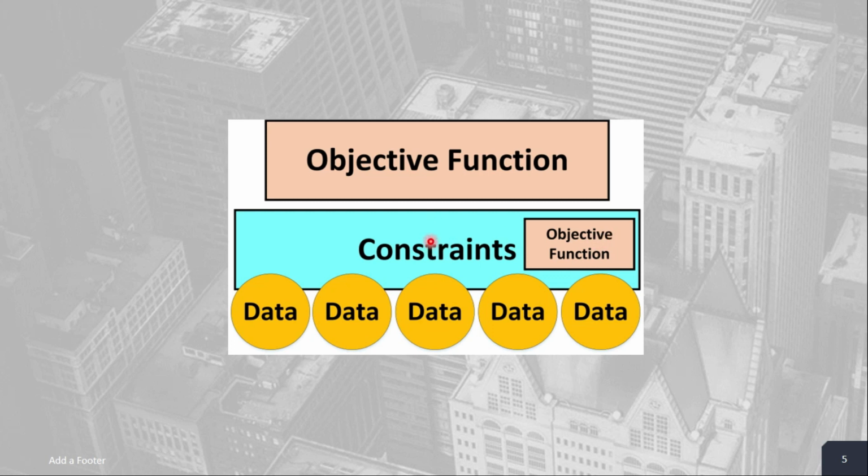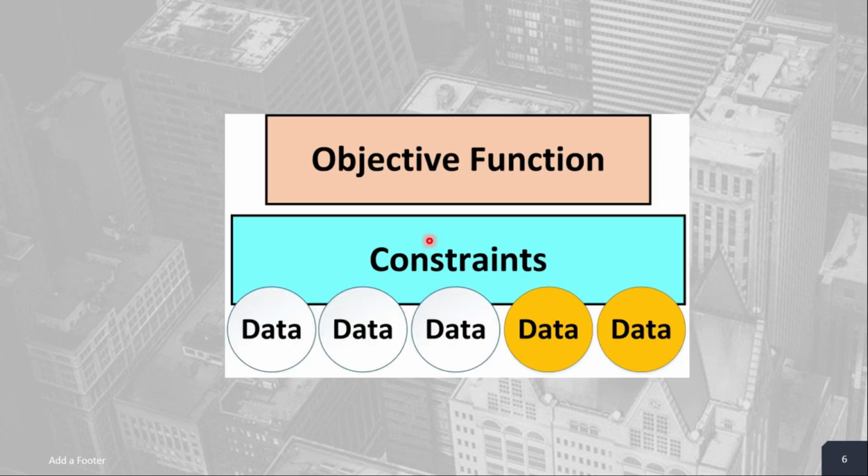I'll explain in much more detail when we go forward in our course. Then sometimes our data is uncertain, right? That also creates a problem. See, these three data are uncertain, so it also creates a problem. Now what to do? These things we're going to explore in our upcoming optimization formulations and algorithm creation.